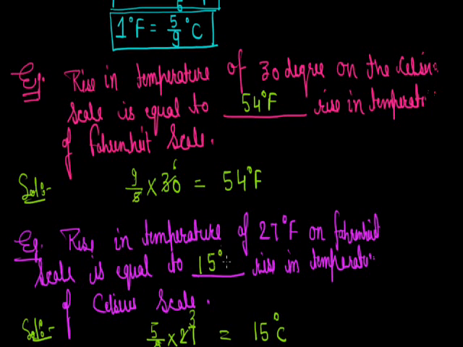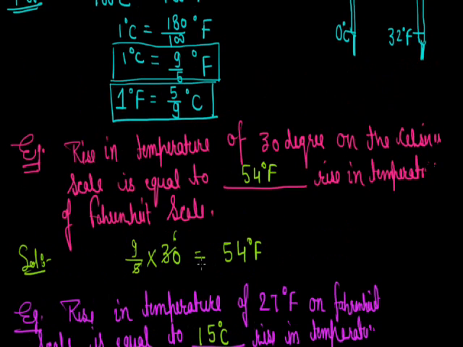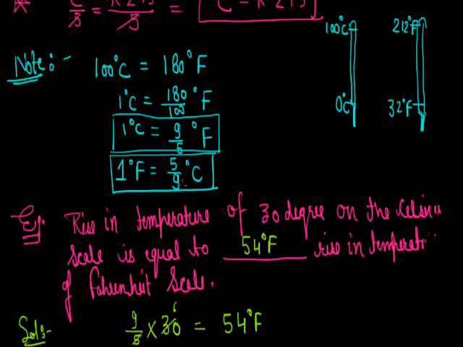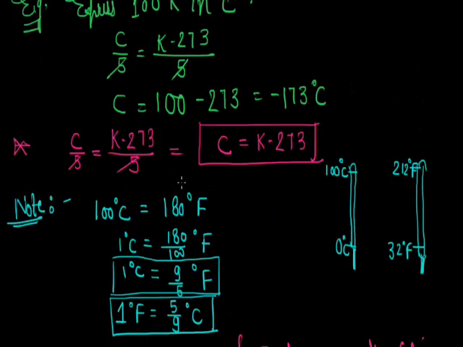So the answer will be 15 degree centigrade. If we want to find the change in temperature, then we have to use these relations. We must always remember that 1 degree centigrade equals 9 by 5 degree Fahrenheit, and 1 degree Fahrenheit equals 5 by 9 degree centigrade.